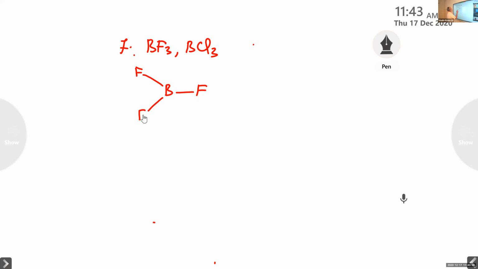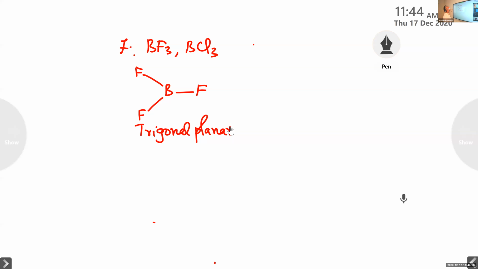It's a planar molecule, trigonal planar molecule. If a molecule is trigonal planar, what should be the hybridization of the central atom? Here boron, what should be the hybridization?